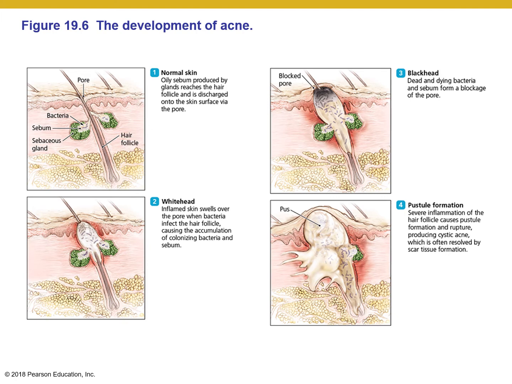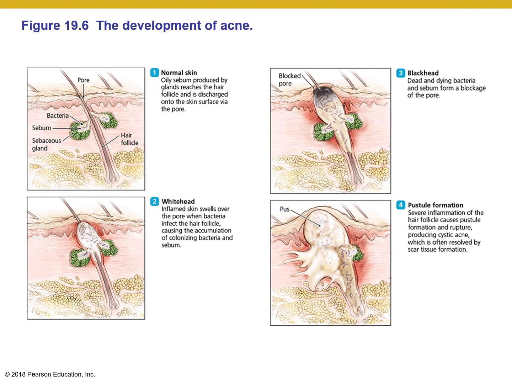And basically what happens is that the pore of the oil gland that's attached to the hair follicle gets blocked. It may be blocked with dirt, it may be blocked with just too much oil being on the skin.